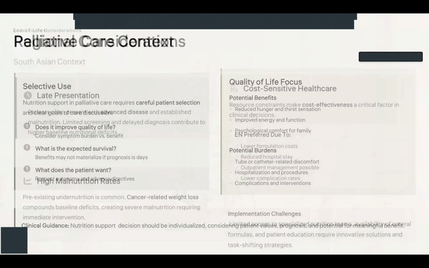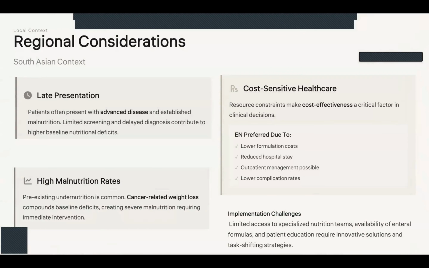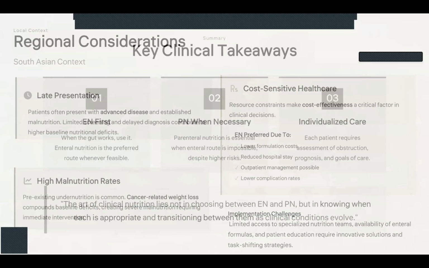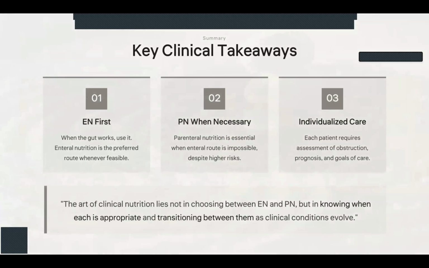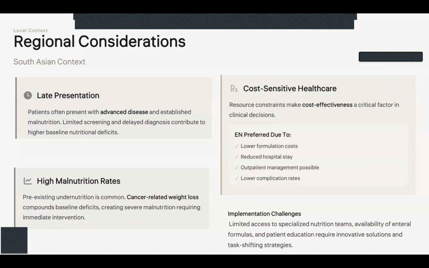Then coming to our regional local context, in the South Asian context, several additional factors come into play. Patients often present late with advanced disease and pre-existing malnutrition. And also resource limitations make cost effectiveness a key consideration in decision making.